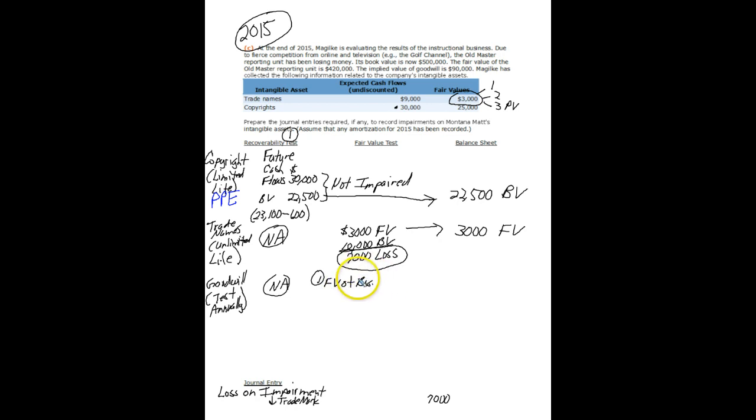So the fair value of that business is going to be the fair value of the reporting unit, $420,000. And then we're going to compare that with the book value of that entire unit that was acquired. And they even give us that to be book value $500,000.